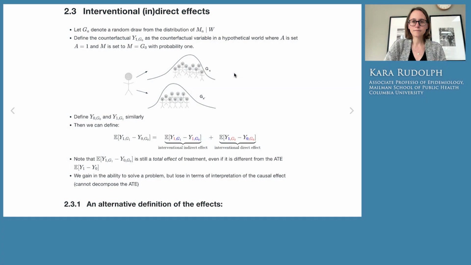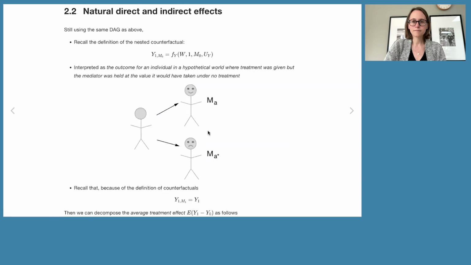Okay, so now we'll pick up where we left off last time, and we'll talk about our last type of path-specific causal mediation estimand, which are interventional indirect and direct effects. So remember last time we talked about natural direct and indirect effects. So I'm going to go back there for a second, which thinks about, for the indirect effect portion, contrasts two potential mediator values for the same person.